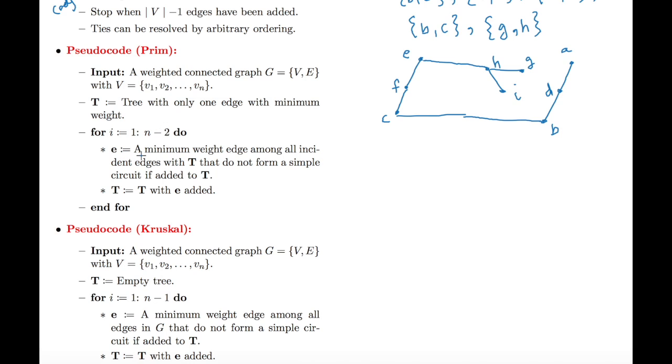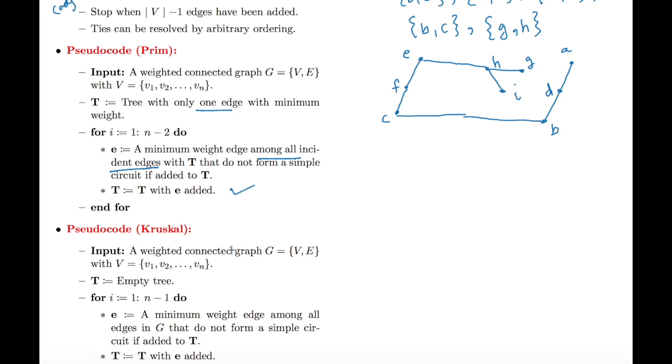We say that e is an edge which has minimum weight among all the edges incident with T, because this is Prim's, that is not forming a simple circuit if added to T, and then we add this edge to T, and we keep on adding until we have n minus 2 more edges added, and this plus n minus 2 will give us n minus 1 edges.